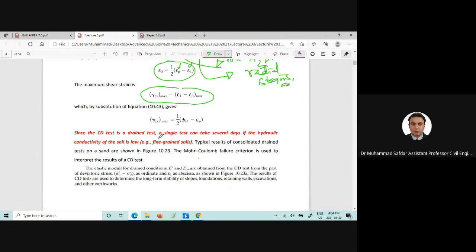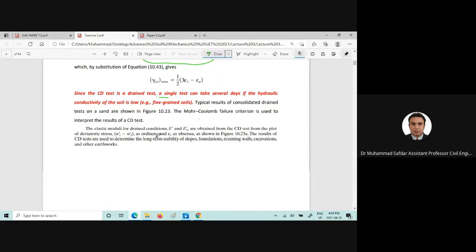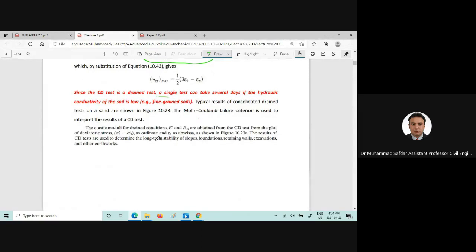Equations you can note down, it will help us in solving the examples and problems when we move towards the numericals.